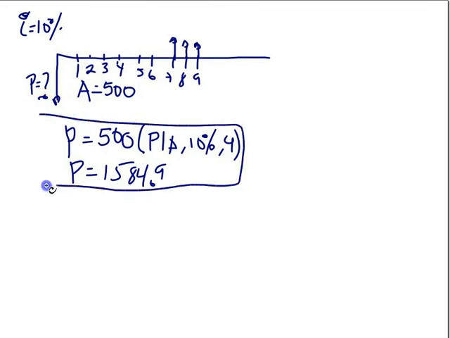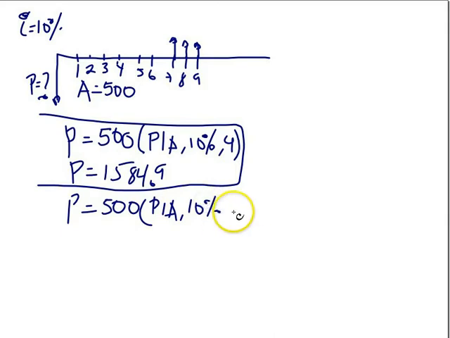separate that result. Now let's say again that the annuities are 500, but now the annuities happen on years 7 through 9, and now we can compute the present worth as 500 times, now we have 3 annuities, P given A for 10%, and 3.